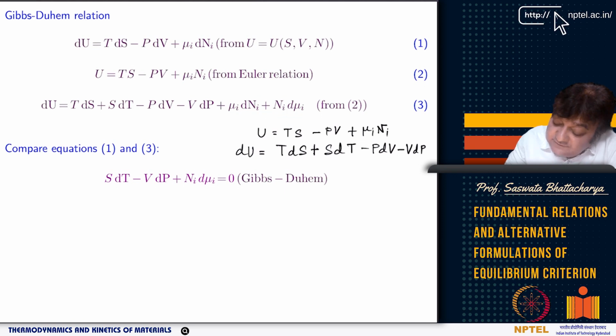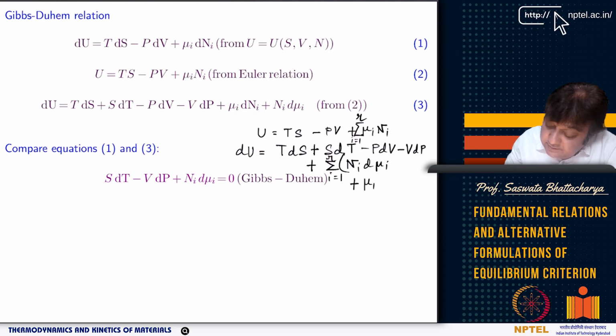So this becomes sum mu i ni, i equals 1 to r. Now if this is so, then we can write this as plus summation i equals 1 to r ni d mu i plus mu i dni.